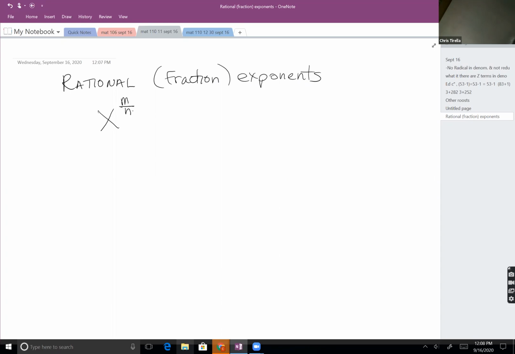X to the m over n is going to be defined by, when I have a denominator, I draw a radical. I'm going to take the nth root, and the number in the numerator becomes an exponent, the nth root of x to the m, or it can be written as the nth root of x, all to the m. If I have x to the 1 over n, it just means the nth root of x.